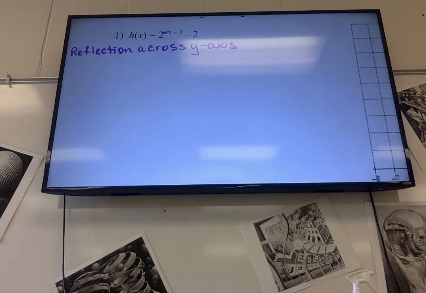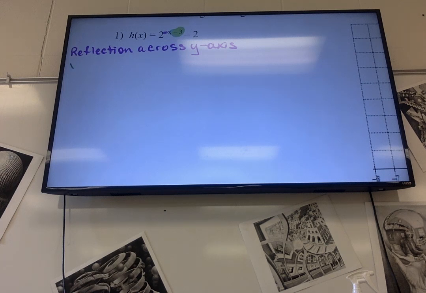Then what about shifts? There's 2 of those. Give me one of them. This one, this -3. So that x - 3, when it's with the x, means it's shifting left or right. And it's always the opposite of what that sign is.